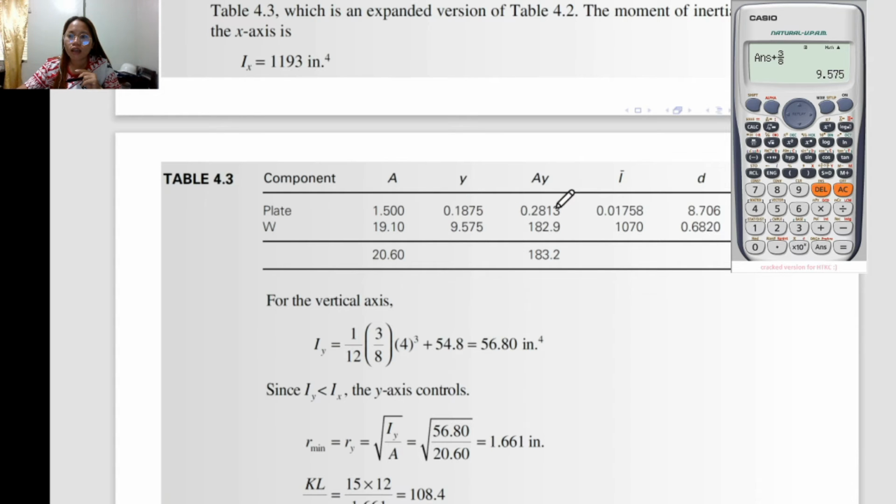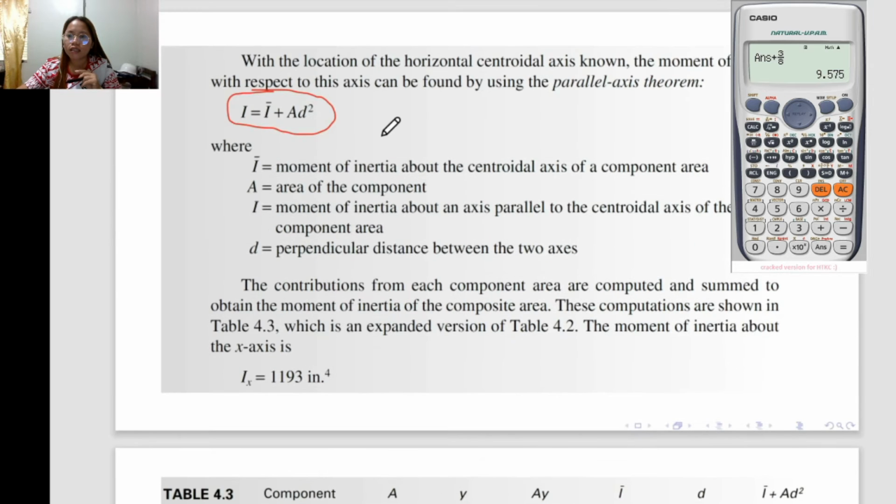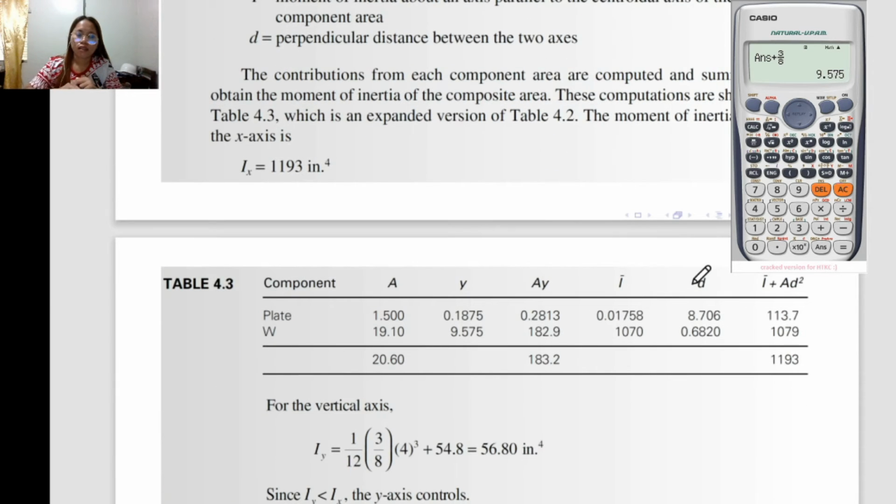So you have the area, the A times the Y bar, times the moment of inertia of each component. So we have for the plate, to get this value for the plate, this is BH cube over 12, right?